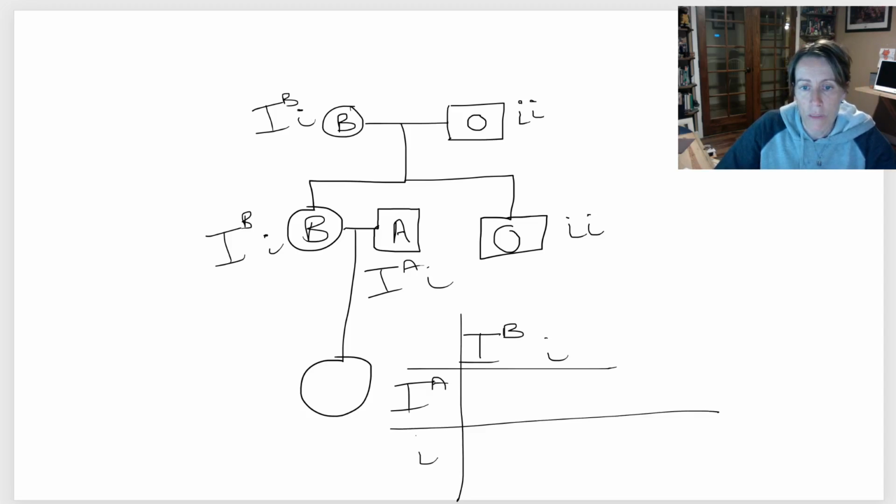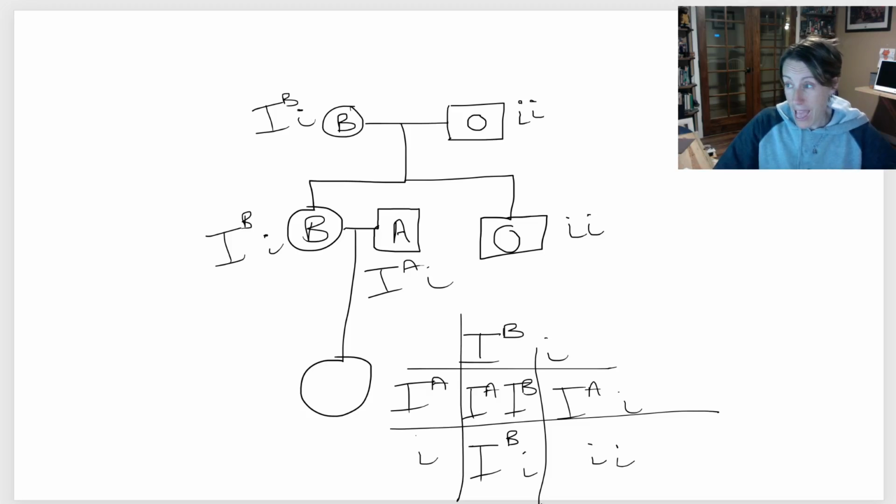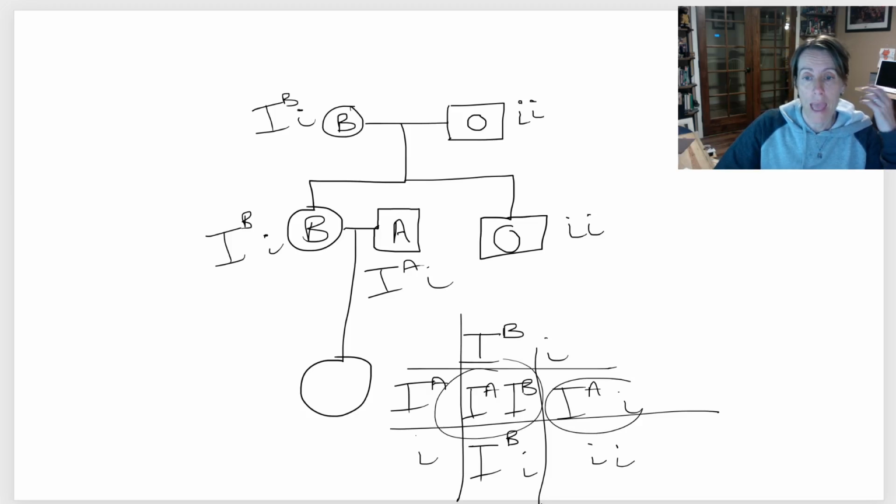So all the possible options that we could have: a big I A, big I B child, a big I A, little i, a big I B, little i, or a little i, little i. So my daughter actually has a 25% chance of any of the blood types. She could be AB, she could be A, she could be B, or she could be O.